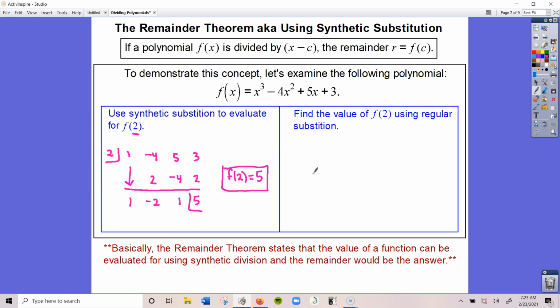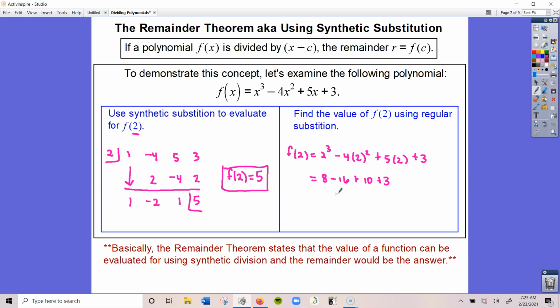And just so you don't have to take my word for it and can see how that actually works out, let's go ahead and find f of 2 using regular substitution. So f of 2 would equal 2 to the third minus 4 times 2 squared plus 5 times 2 plus 3. 2 to the third is 8 minus 2 squared, remember you always do the exponents first, 2 squared is 4 times this 4 is 16, plus 5 times 2 is 10, plus 3.